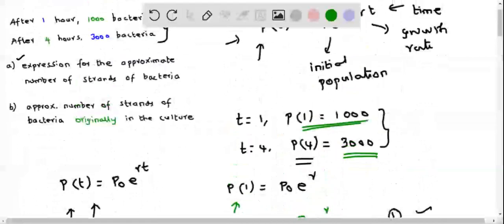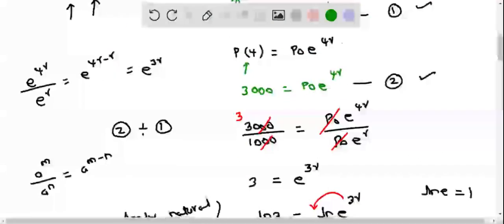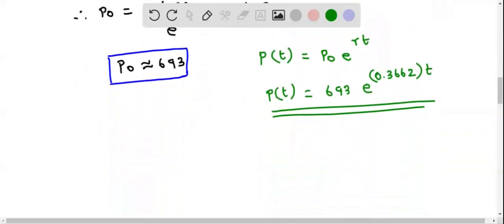Now let's answer the question in part B. That is, we have to determine the approximate number of strands of bacteria originally in the culture. We already know this answer. That is, p naught is the one which represents the original population. So to answer part B, we say that the value of p naught is approximately 693.